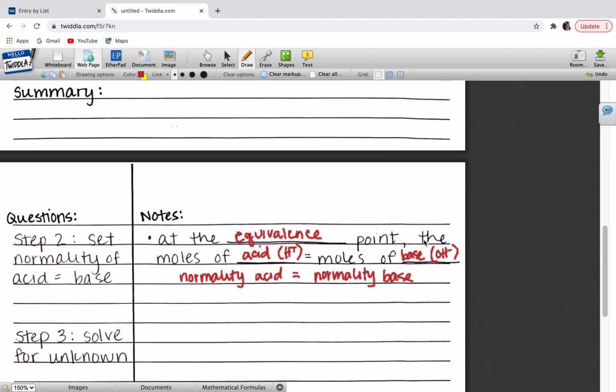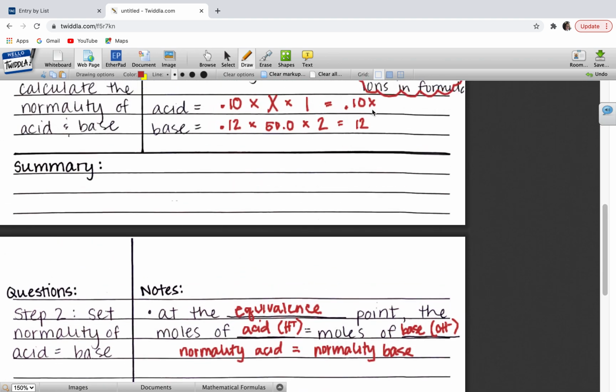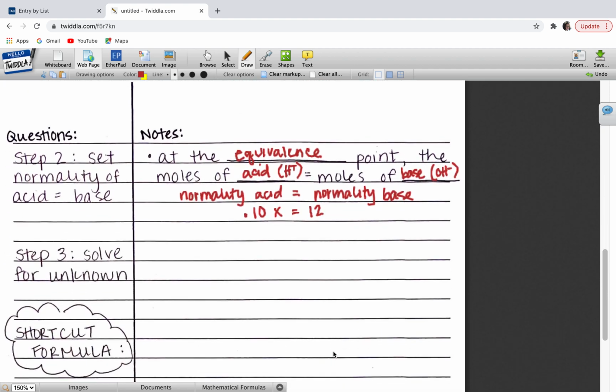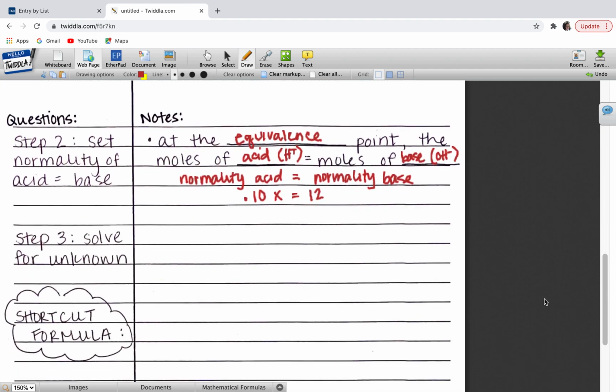We just calculated those. The normality of our acid was 0.10x. The normality of our base, 12. So I set those two values equal to each other. We have 0.10x equals 12.